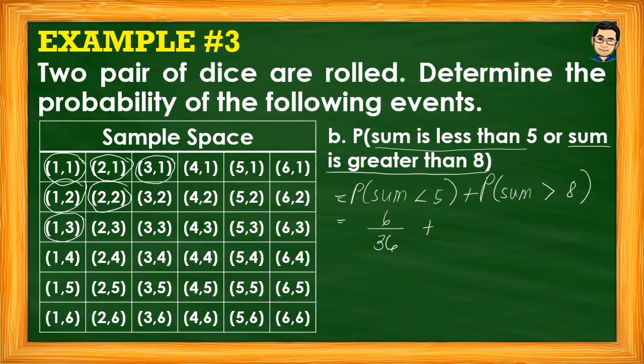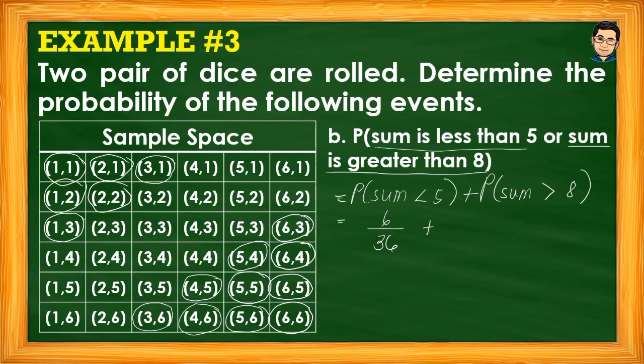Okay, so, based dito sa ating sample space, yung mga outcomes na yun na sum is greater than 8: 3, 6; 4, 5; 4, 6; 5, 4; 5, 5; 5, 6; 6, 3; 6, 4; 6, 5; and then 6, 6.